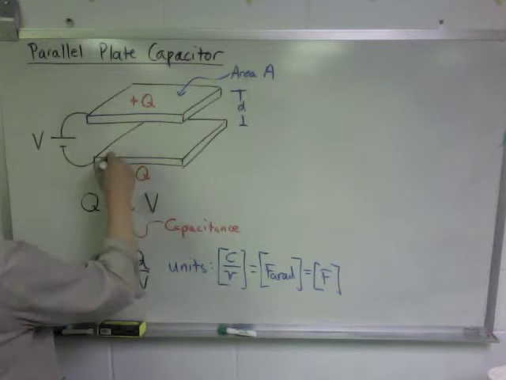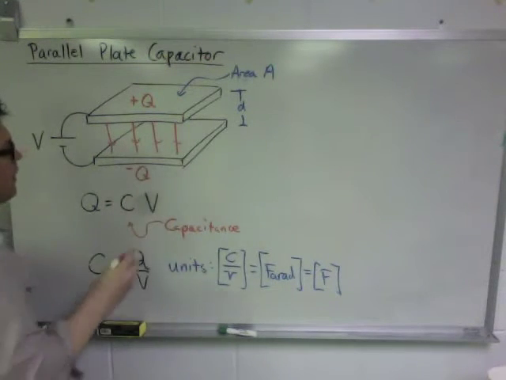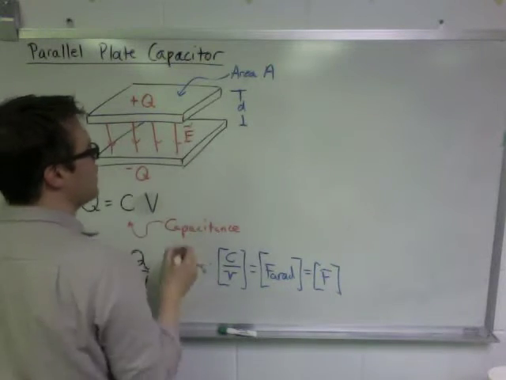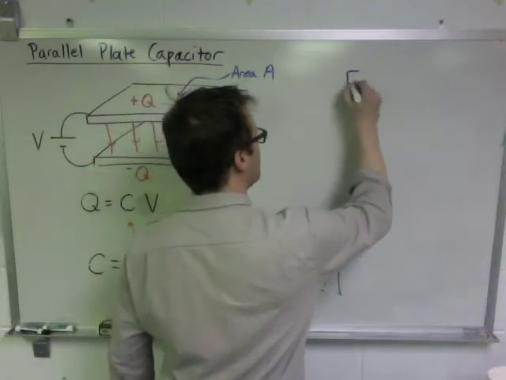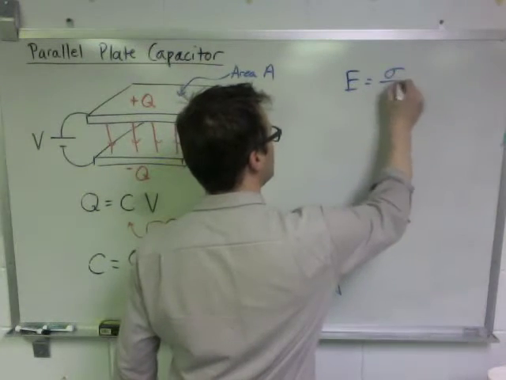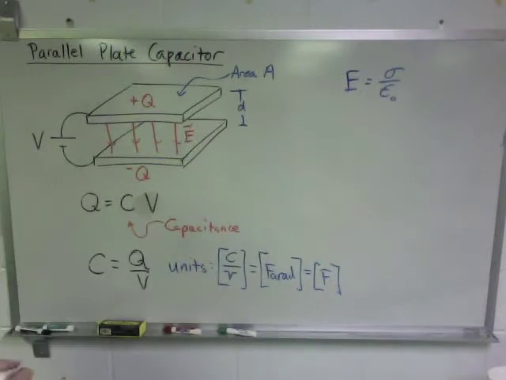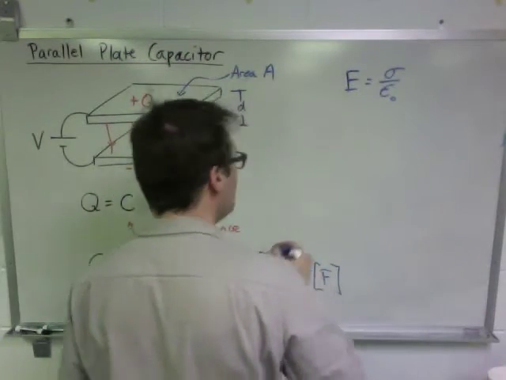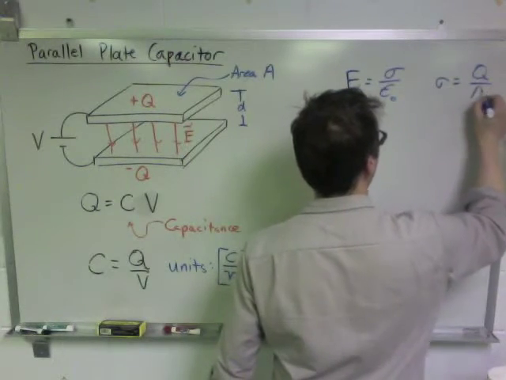Not terribly surprising. Now, what else is going on here? Well, we know that between the plates we're setting up an electric field, right? And we already found out, in fact, so here's my electric field, we already calculated what the magnitude of that electric field would be. It's equal to sigma over epsilon 0. We got that from Gauss's law. But sigma, remember, is just charge per unit area.